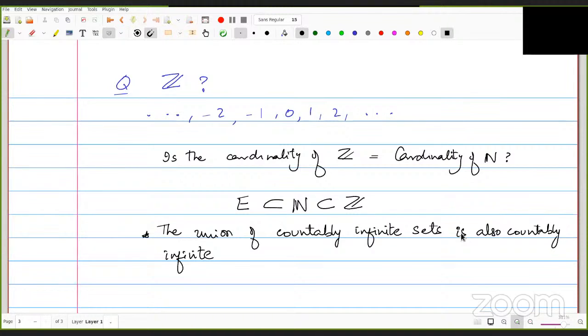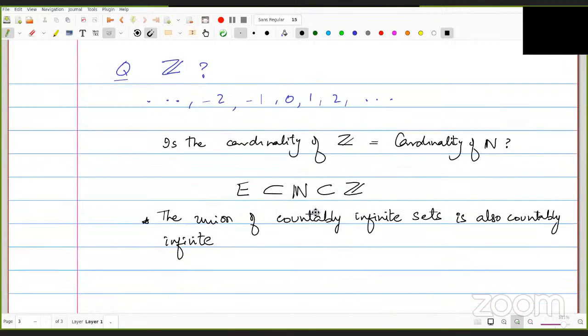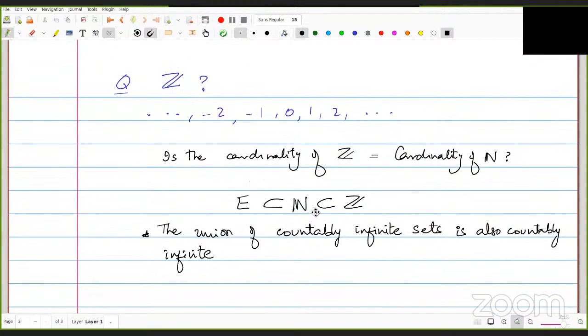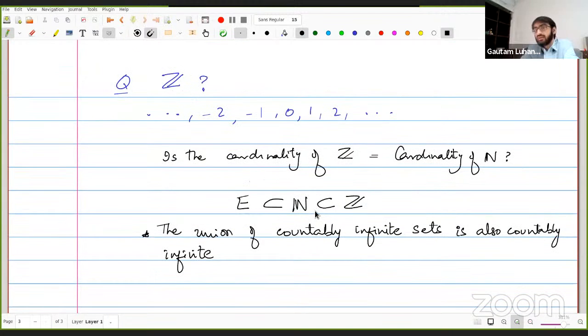I can't think of any bijection from the naturals to the integers. Okay, so perhaps we can come up with a bijection. The idea of finding a bijection is basically finding a way to count them, right?